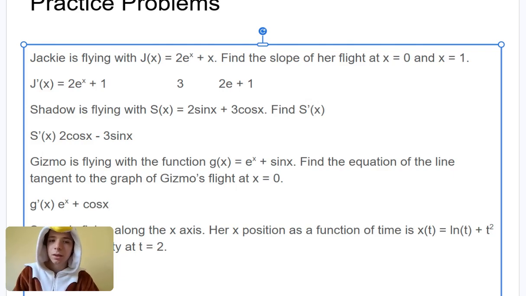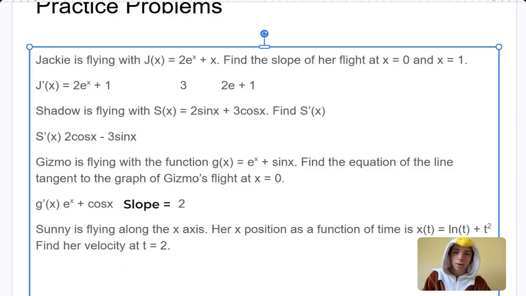And we want the equation of the line tangent to Gizmo's flight at x equals 0. So g prime of 0, that's e to the 0 plus cosine 0. Cosine 0 is 1, and e to the 0 is 1. So the slope of that flight is going to be 2.